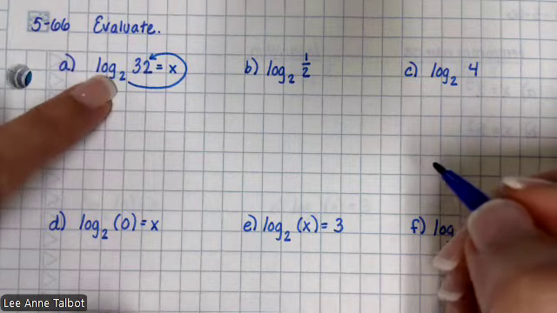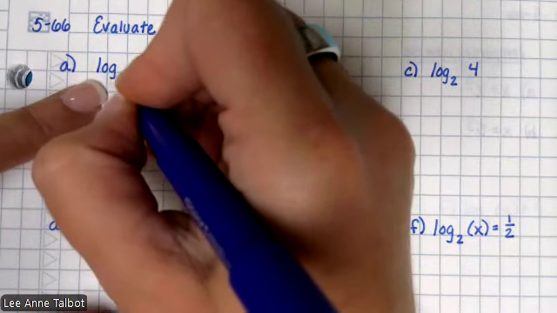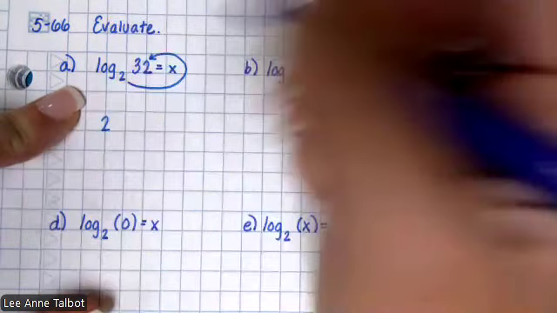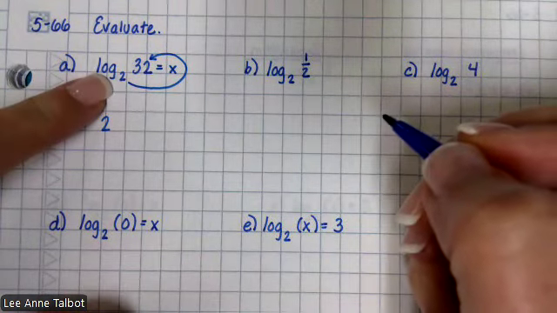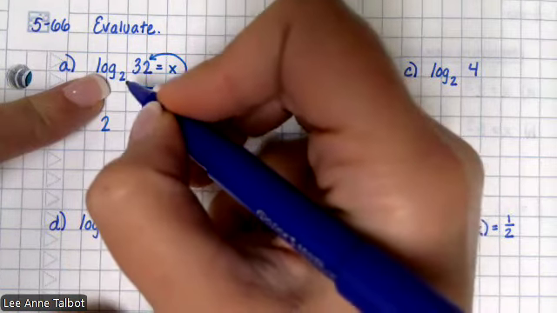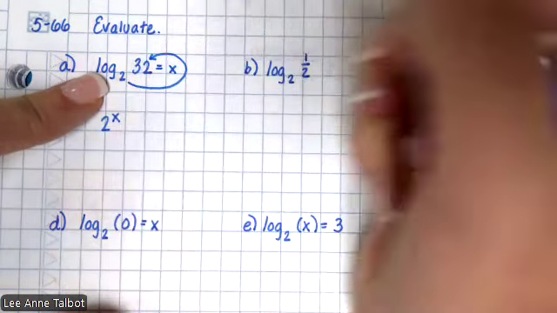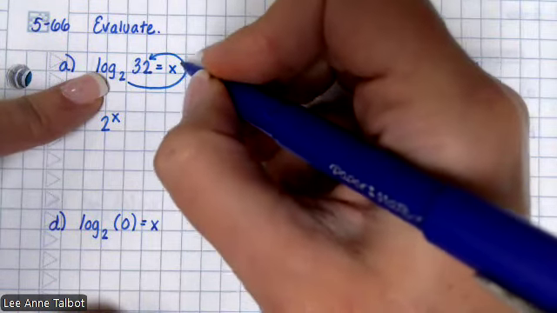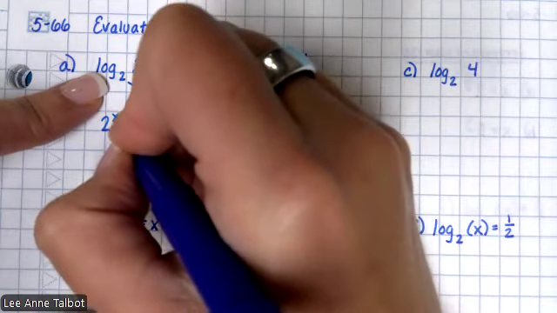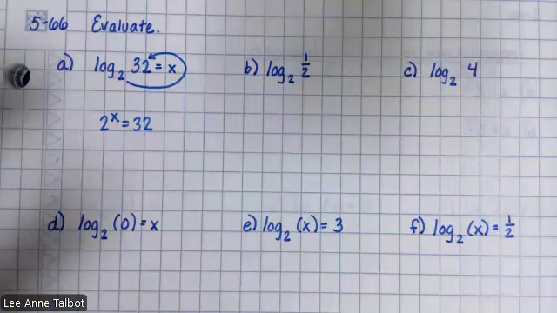You start with the base of your log, which becomes the base of your exponent. Then you follow your eyes around the circle, so this becomes the exponent, and then follow your eyes around to equals 32.